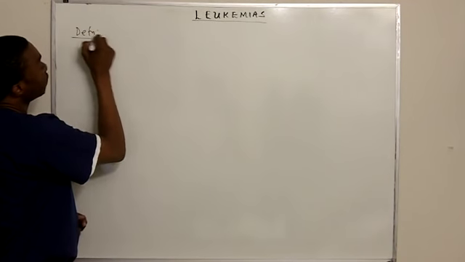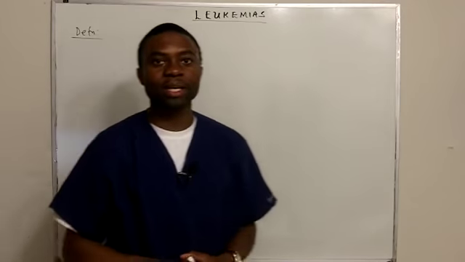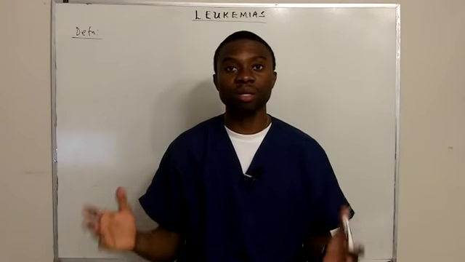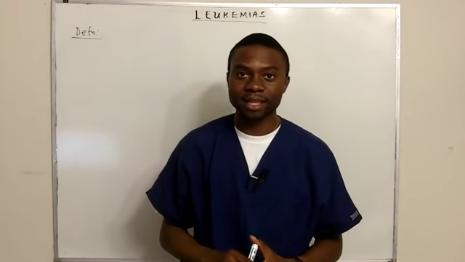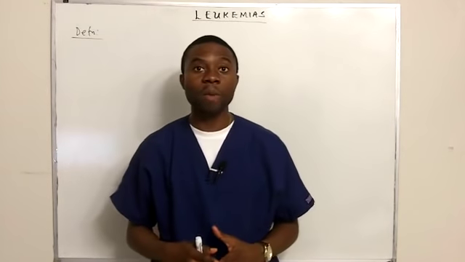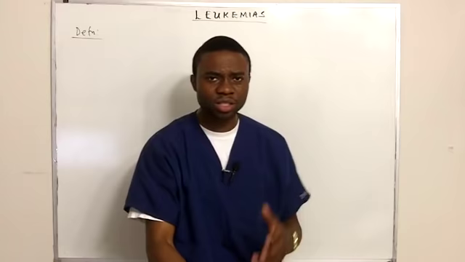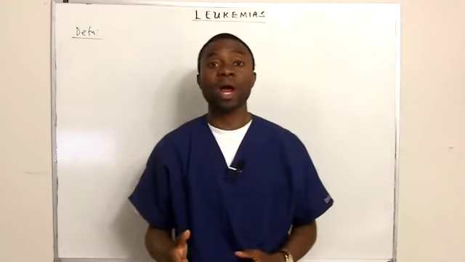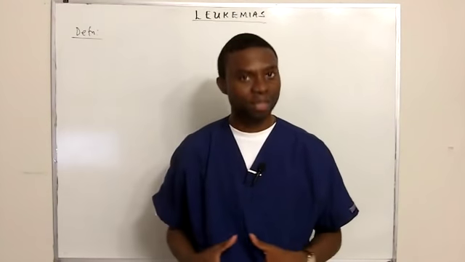The definition of leukemia is simply cancer of the blood. It can get easier than that, especially cancer of the bone marrow. Well, wait a minute, what does the bone marrow do? The bone marrow makes white blood cells, correct? Good. Also makes red blood cells and has megakaryocytes that make platelets.